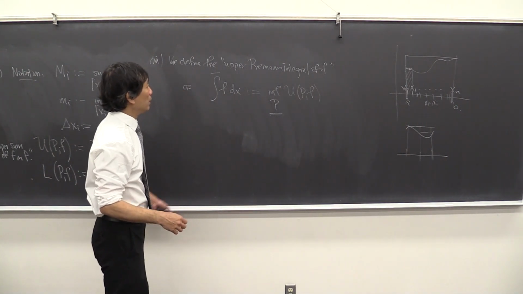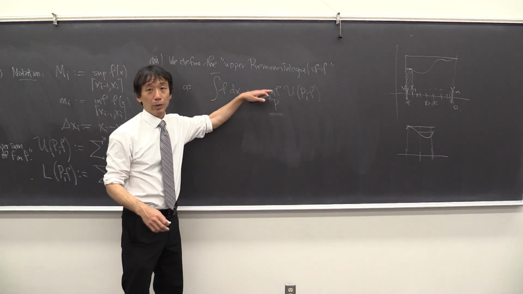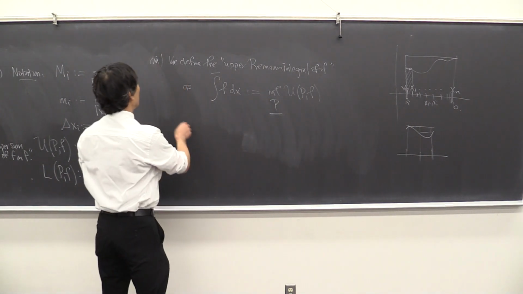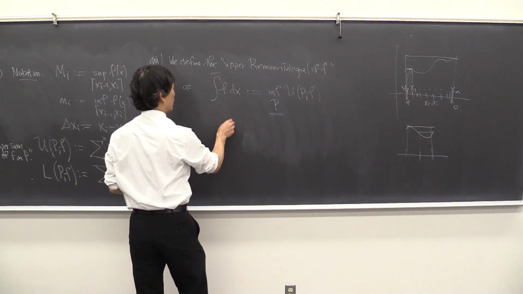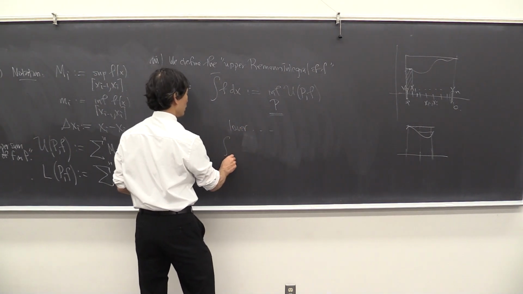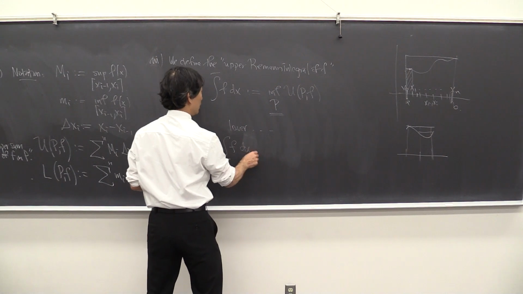So you take the infimum, the greatest lower bound over all upper sums. And as expected, you'd find the lower Riemann integral as this.